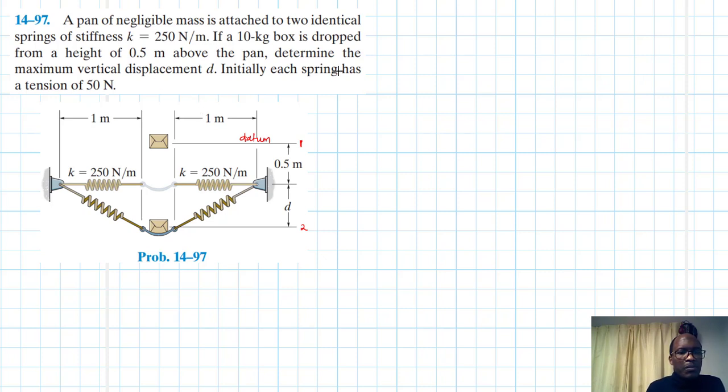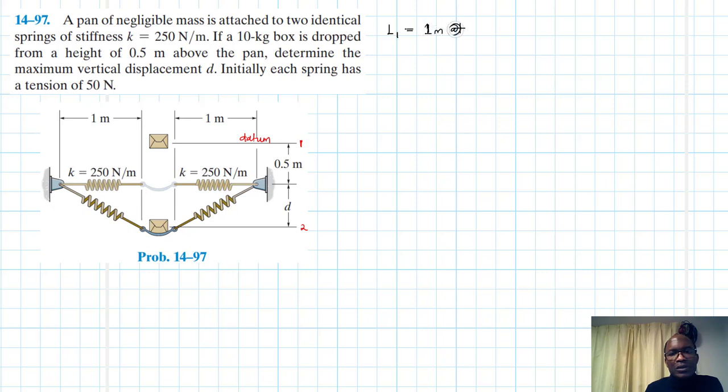So from this point to this point, let's say L1 for the spring. L1 for the spring is equal to 1 meter.